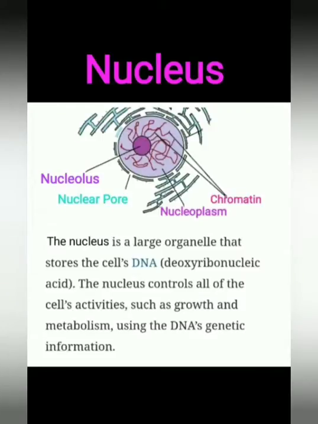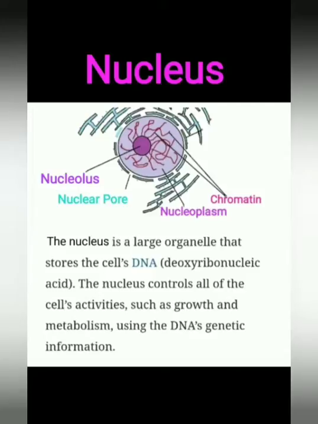Nucleus. The nucleus is a large, centrally located spherical cellular component which is bounded by nuclear envelope. The nuclear envelope separates the nucleus from the cytoplasm, and it contains many nuclear pores. The nucleus contains nucleoplasm, nucleolus, and chromatin network.